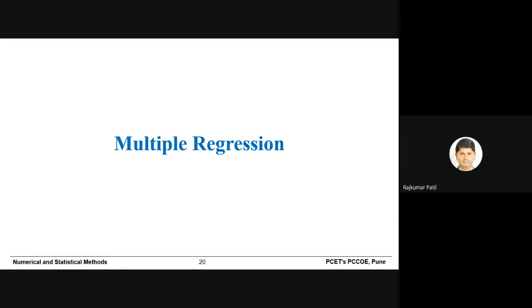In the previous week, we started with curve fitting and regression analysis, and in that we began with the need of regression analysis.